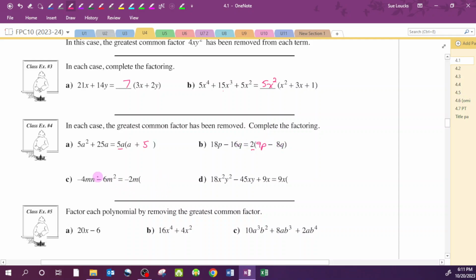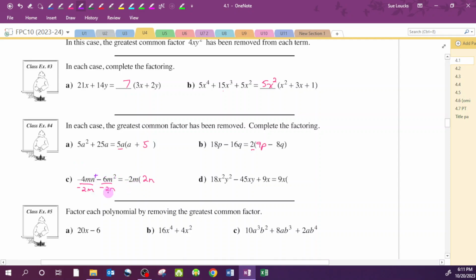Awesome. All right, this time we factored out negative 2m. So if you picture dividing this by negative 2m, what are you left with? Well, I'm left with 2n, right? And then if I divide this by negative 2m, remember, when I'm doing this, I'm thinking about I have this and I have negative 6m squared.